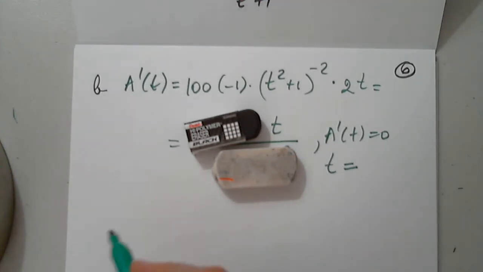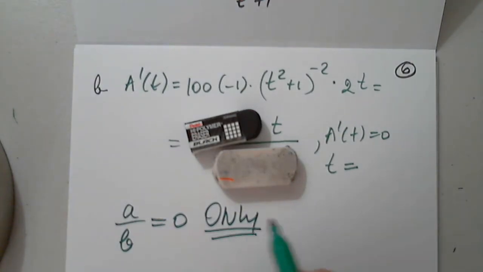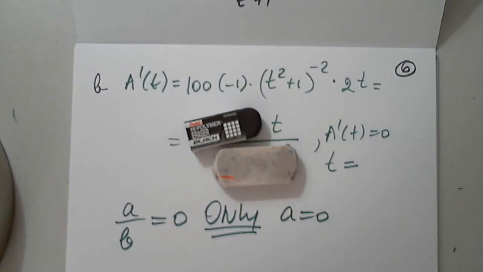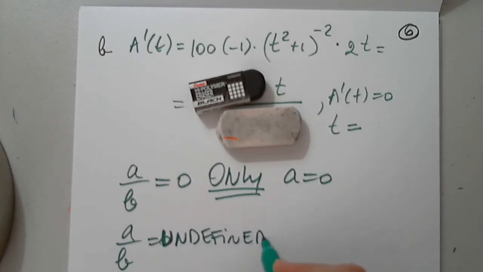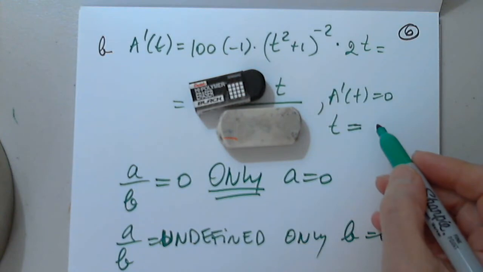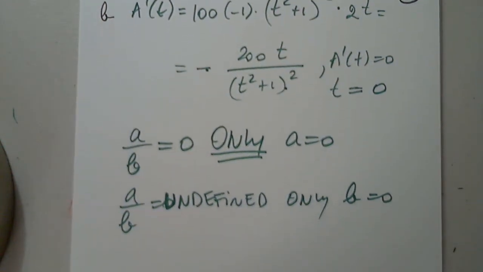So a fraction is 0 only when a is 0. A fraction is undefined, I'm sorry, only when b is 0. So in that case, the a is 0, so that will make the function t equals 0. Excellent. So that is the critical number.